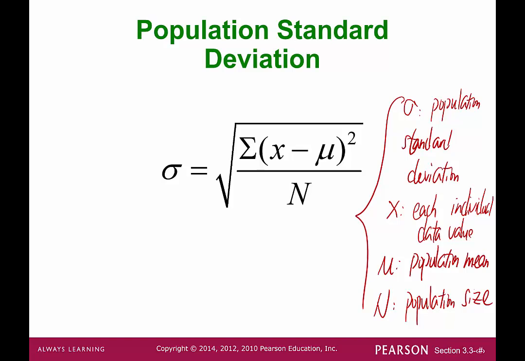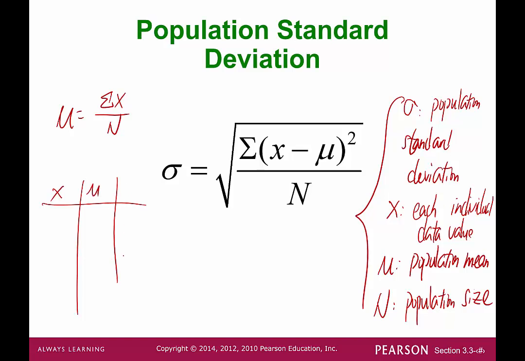So it functions very similarly to the sample standard deviation. When you have a population, just list out the data values. You can also calculate mu first using the summation of x over the population size N. So you get a mean, and you can create a table, putting all the x values and the mu here.